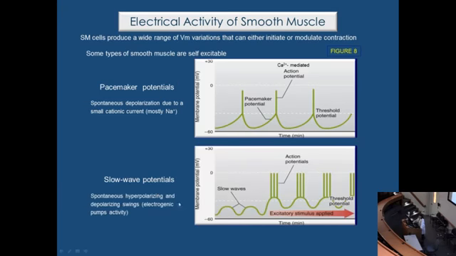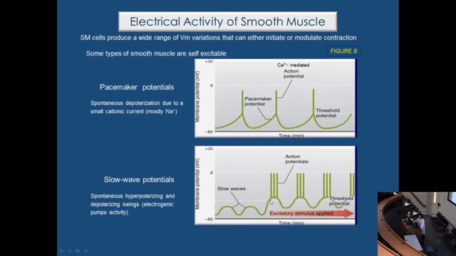For the case of the slow wave potentials, the cell will experience these swings of depolarization and hyperpolarization, normally due to the activity of electrogenic pumps. And then when they are challenged by a particular excitatory stimulus, you see that now these oscillations are of greater magnitude.